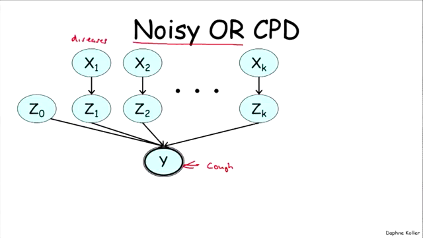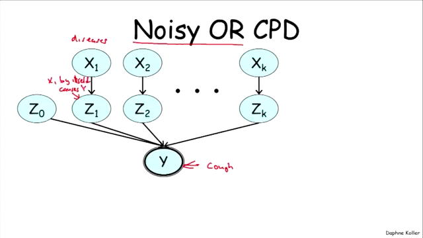And what we're doing here is we're introducing an intermediate variable that captures the event that this disease, x1, if present, causes a cough by itself. So this is x1 by itself causes a cough, or causes y.